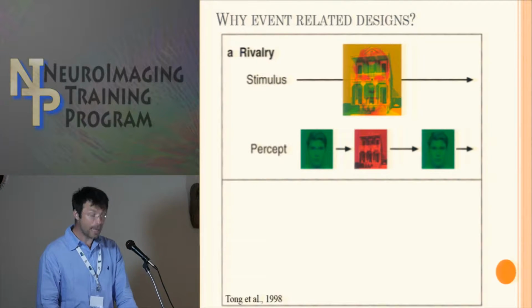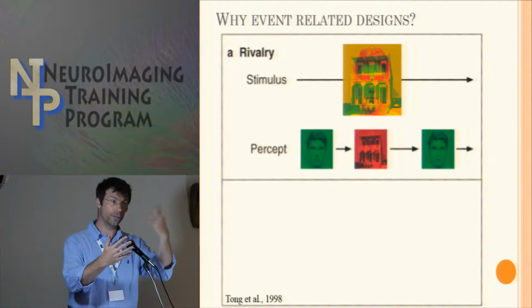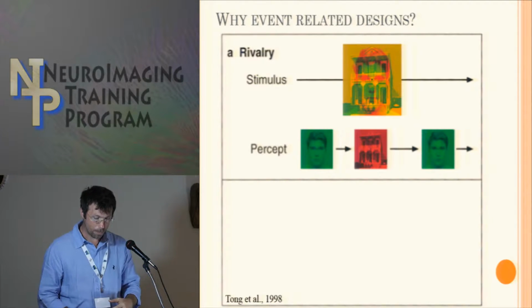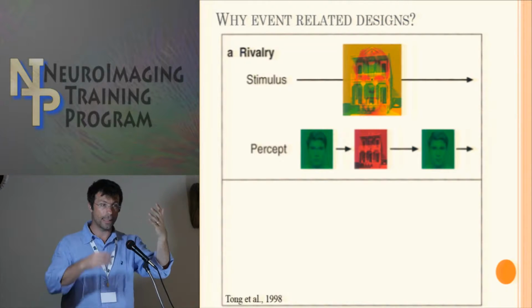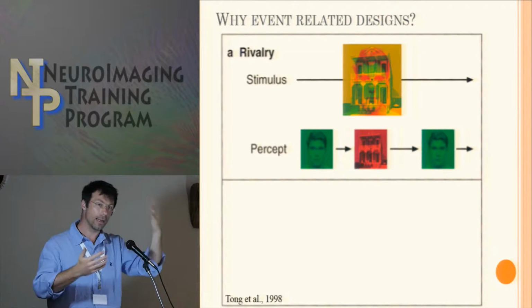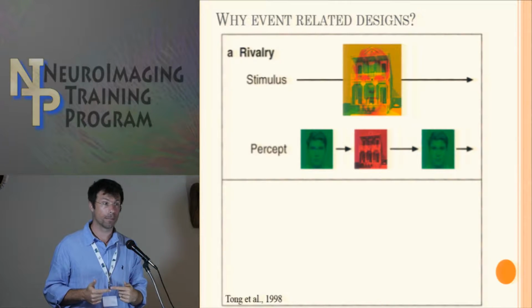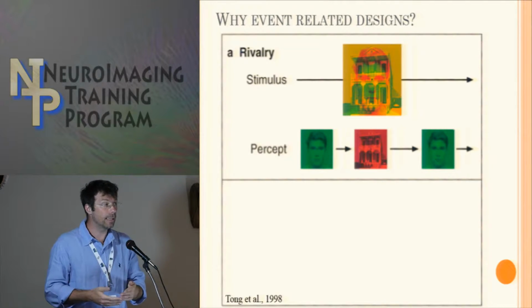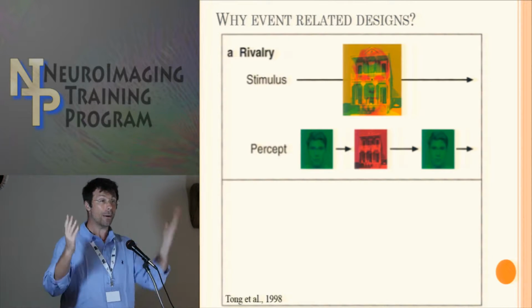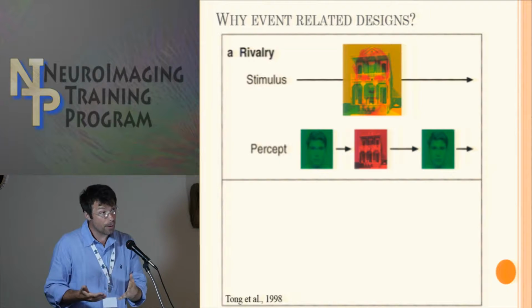So you'd have a stimulus, and similarly to the stimulus I showed you earlier from my experiment, there are two things overlaid on top of each other, and participants would have those fancy eyeglasses with a red and a green lens, which means that sometimes the stimulus would turn into a face, and your perception would be the face, and then it would flip, and now it's the house, and it would go back and forth, right?